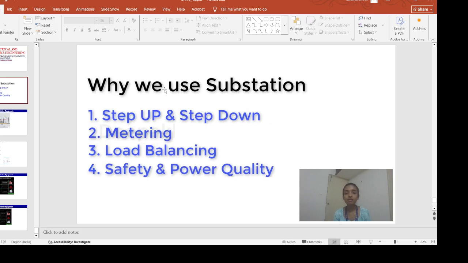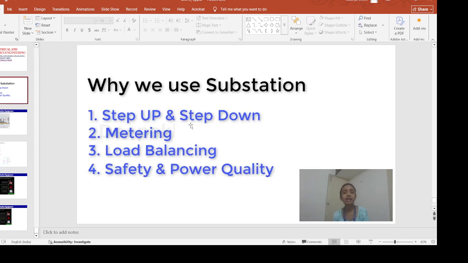So, what are the basic functions of a substation? Why do we need to use a substation? The main function of a substation is to step up and step down. Electricity is generated at the power stations using the power plant. That voltage is 11 kV, but it is stepped up to 440 kV and transmitted through a high voltage transmission line.